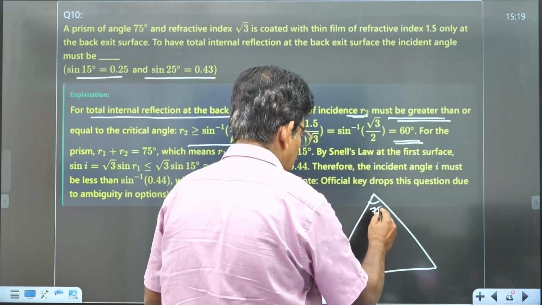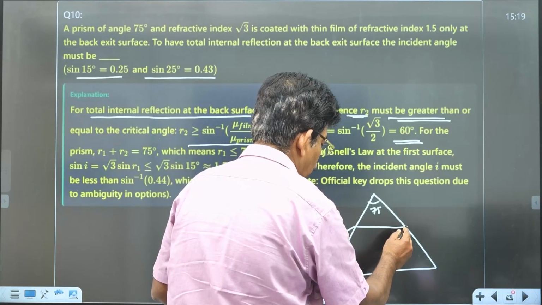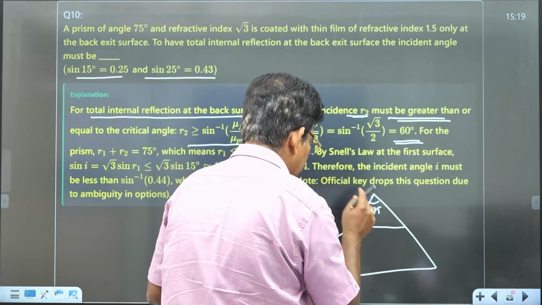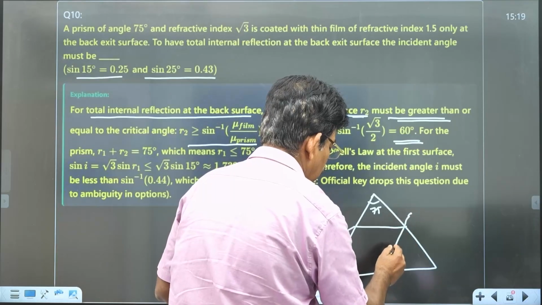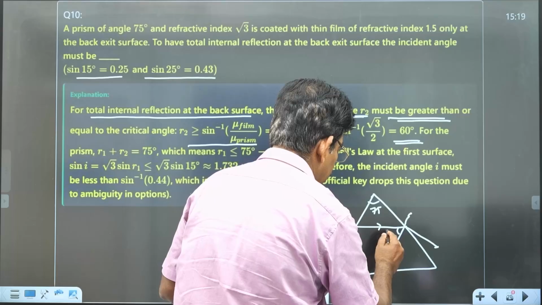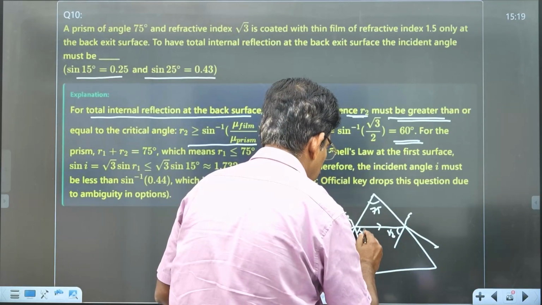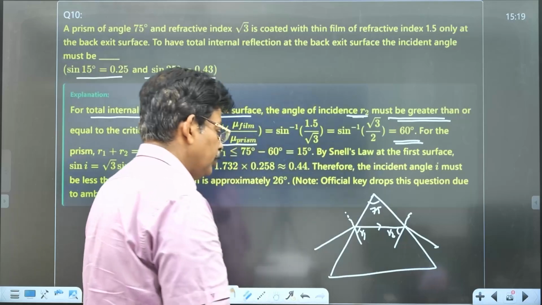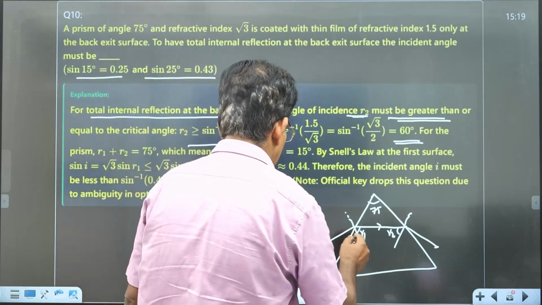This is 75 degree. This undergoes total internal reflection, isn't it? So R2 is greater than or equal to the critical angle. This is R1. Tell me, R2 we got how many? 60 degree.